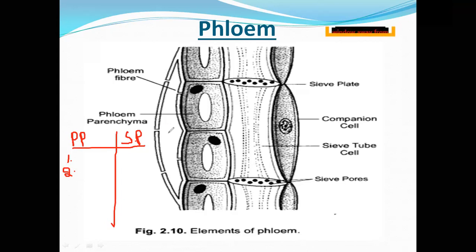In the primary phloem, parenchyma is poorly developed, whereas in the secondary phloem, the phloem parenchyma is abundant, which generally stores the food material.